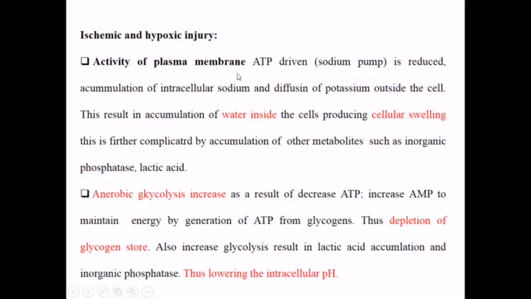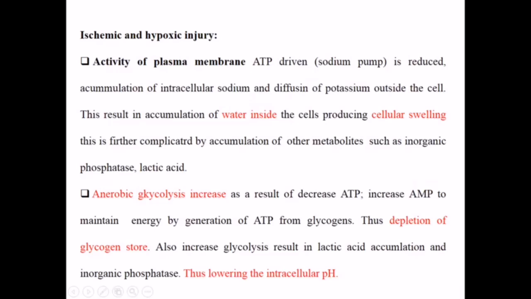First, the activity of the plasma membrane. The ATP-driven sodium pump is also reduced because of reduced oxygen, hypoxia or ischemia. The plasma membrane is affected, and then the sodium-potassium pump is reduced, causing accumulation of intracellular sodium.